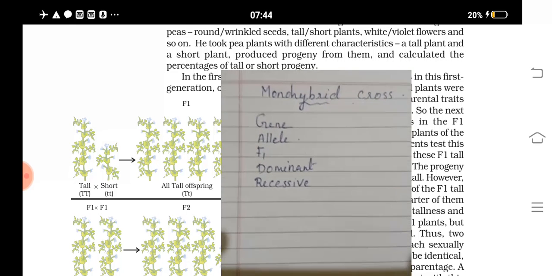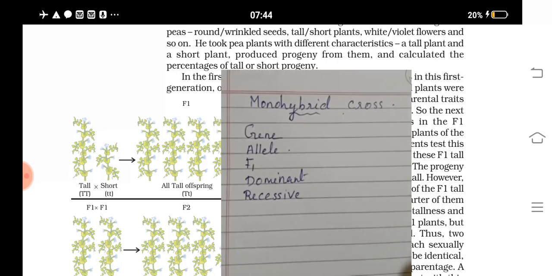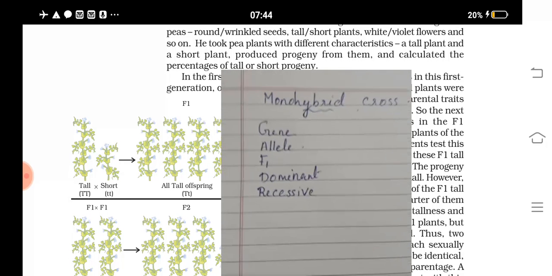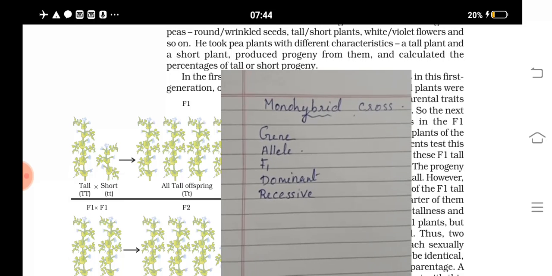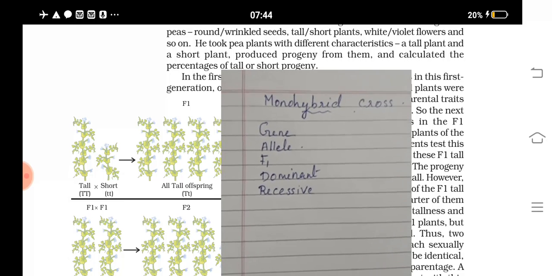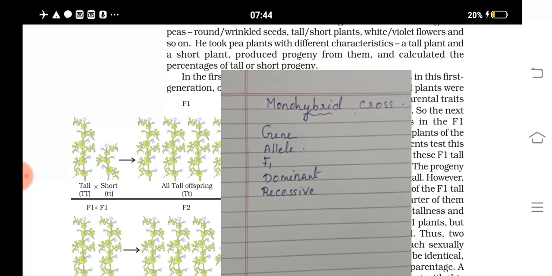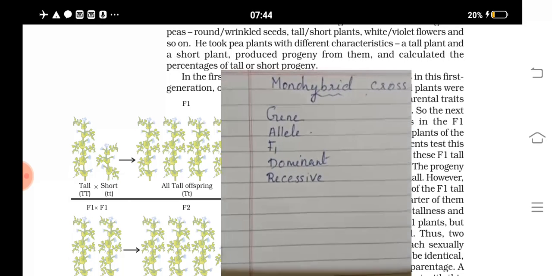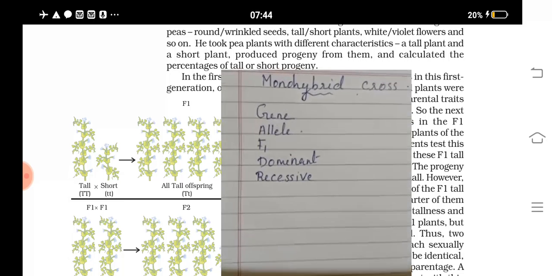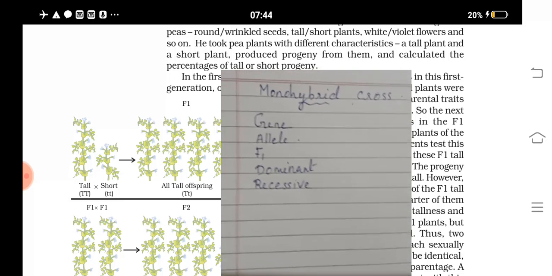So the pod is a fruit. So the color and the shape of the pod, these are all different characters. So monohybrid cross means if you take only one character at a time for the study.